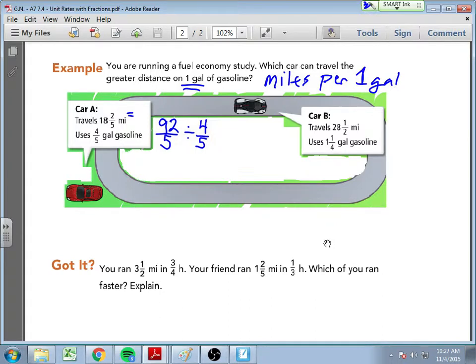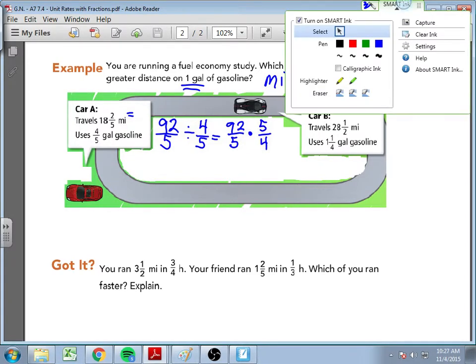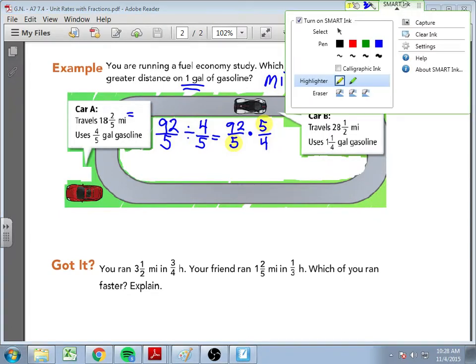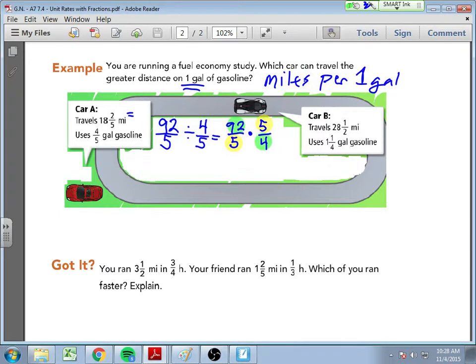I'm not going to change colors, so I'll use a different color for car B. Hey guys, look at how easy some of these things get without using a calculator. We can cross cancel the 5s. Now the question is, can we cross reduce the 92 and the 4? 92 is actually a multiple of 4, right?